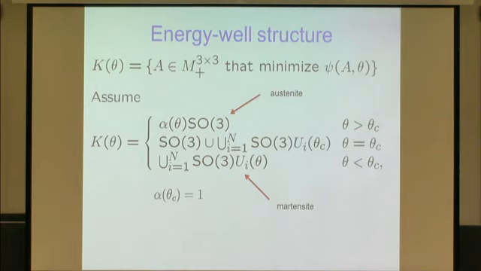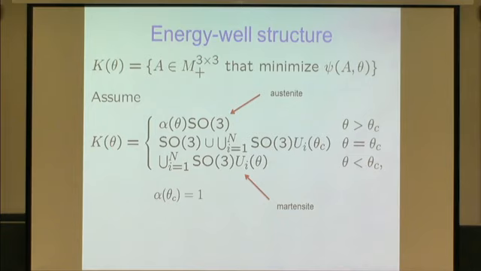So we're going to take the reference configuration to be the high temperature phase at the critical temperature. Okay, that means that at the critical temperature, y of x equals x should be a minimizer of the energy. So y of x equals x has gradient the identity matrix. So therefore you want the identity matrix to belong to K of theta at theta equals theta critical.